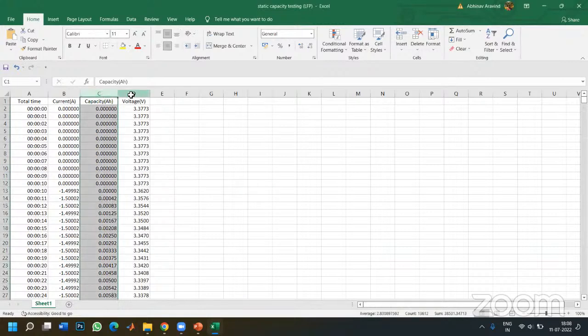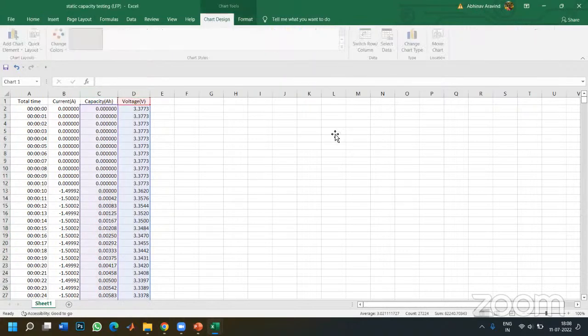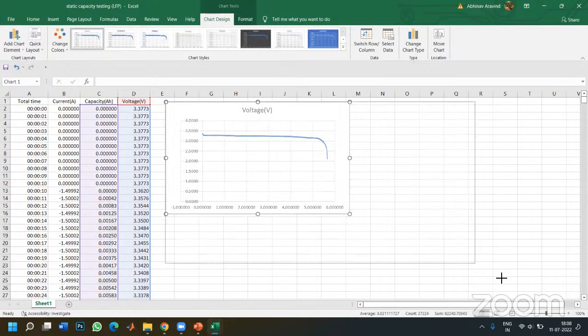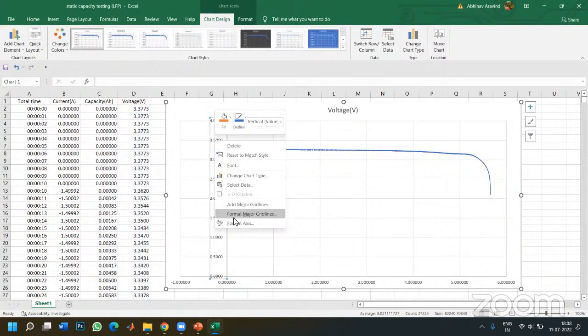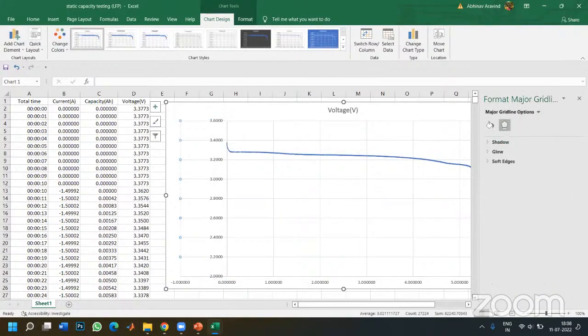Okay. So here I'll just plot it quickly for you all. So just another graph. So here you can see how this is totally different from an NMC chemistry. Okay.